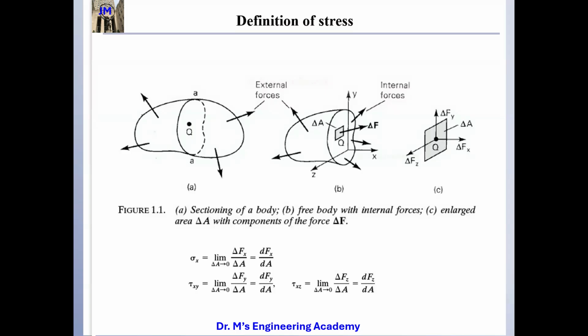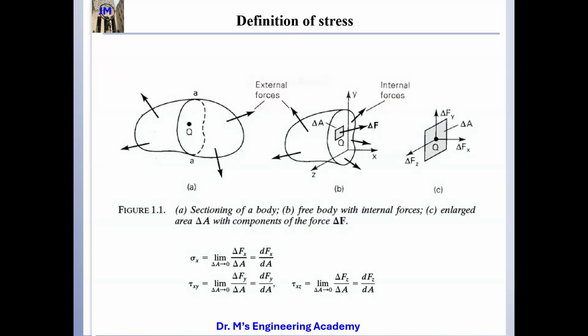Because we just use an imaginary plane to cut the whole problem domain in half. These internal forces try to balance the external forces on this side, so the problem domain does not translate and does not rotate.